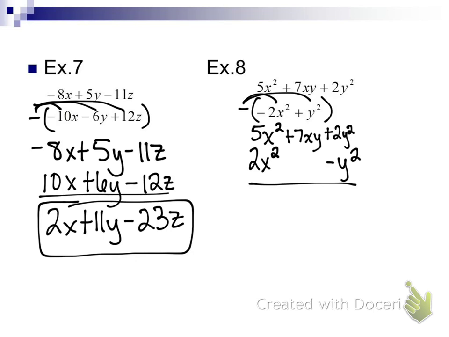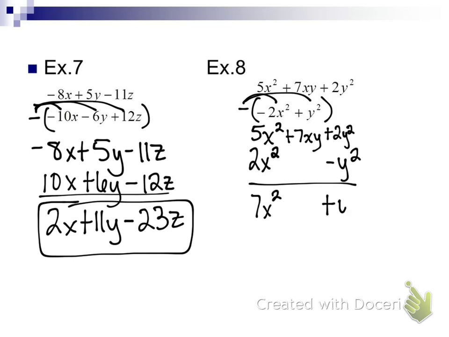The last thing we need to do is combine like terms. Jeriel, what do we get when we combine like terms here? 7x squared. Good. And really just y squared.